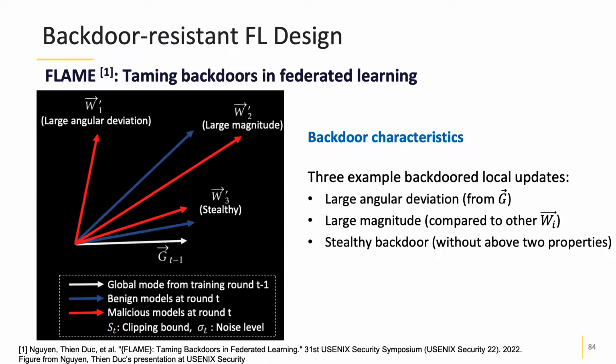Here we illustrate the properties of backdoor models in federated learning. So here we show the update of the global model, which is G with the white arrow here. And we denote three types of backdoor updates with the red arrows here.